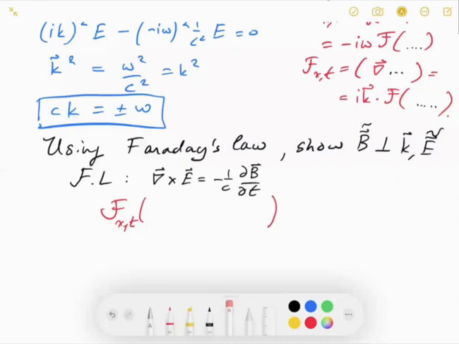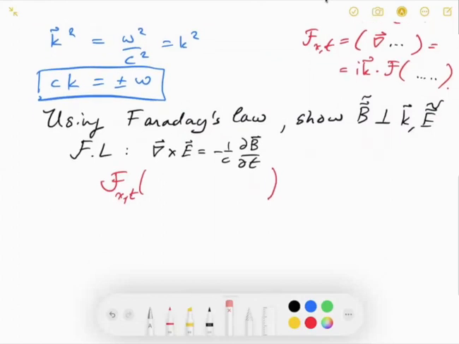I think most of you understood what to do here. So again, the trick is to take the Fourier transform and then convert all your derivatives to the appropriate quantities.